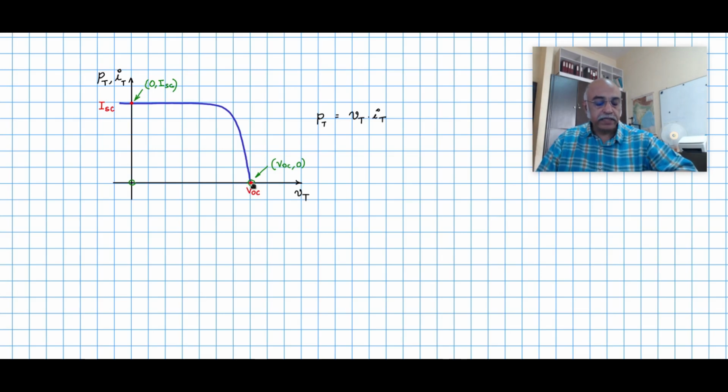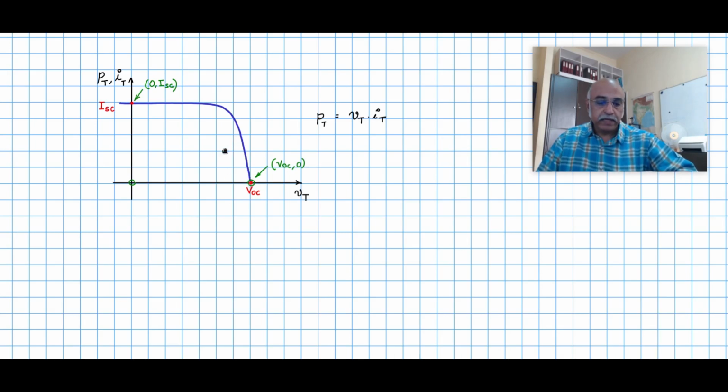And one power point is coming at this point. So it is 0 at both extreme points. At all other points we have VT and IT, which are finite, and therefore power will increase, and then it has to finally decrease and come to 0.